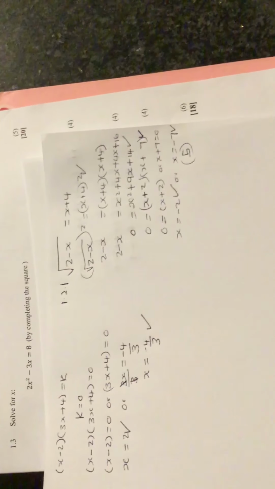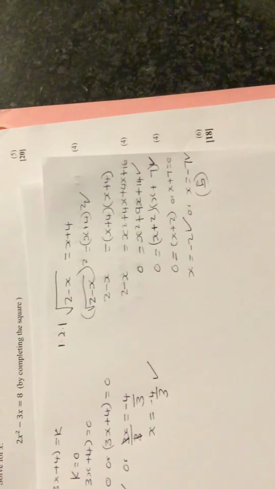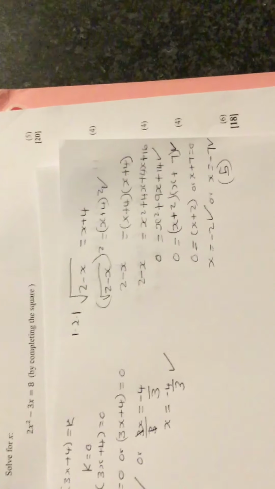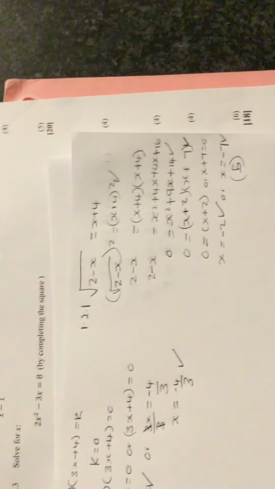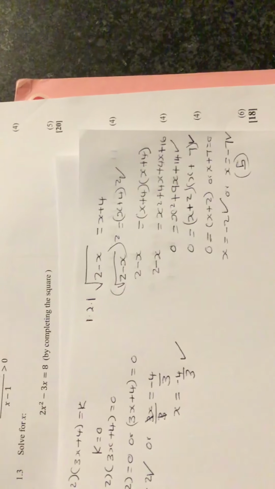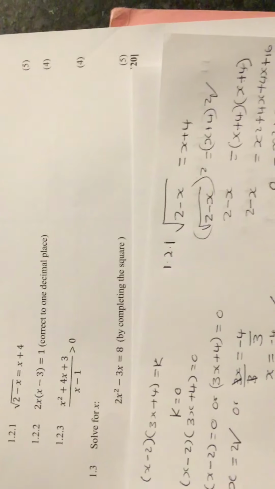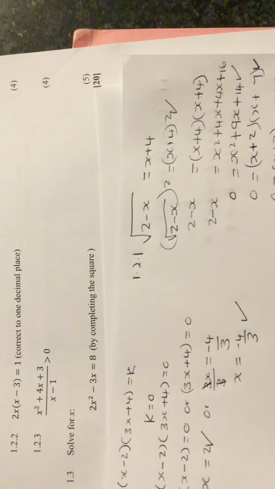Remember, if they immediately say correct to 1 decimal, then they tell you that you must use a quadratic equation or a square root equation, whereby you'll say x equals, then you put your standard form of equation. Okay, let's do it. So you have 1.2.2. So you have 2x in this case.